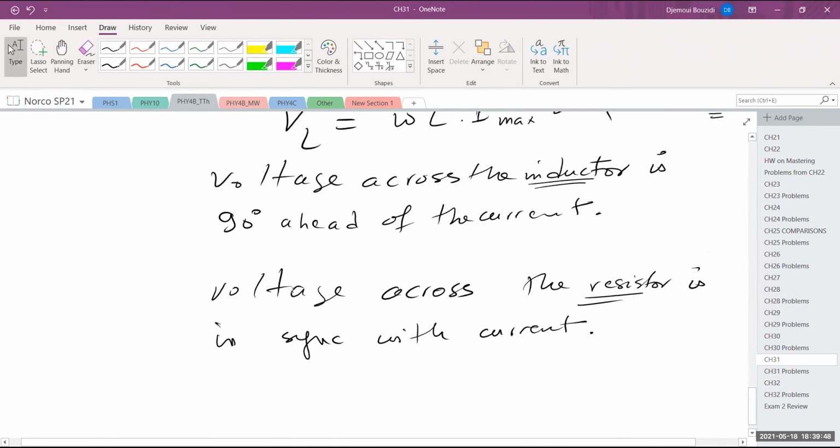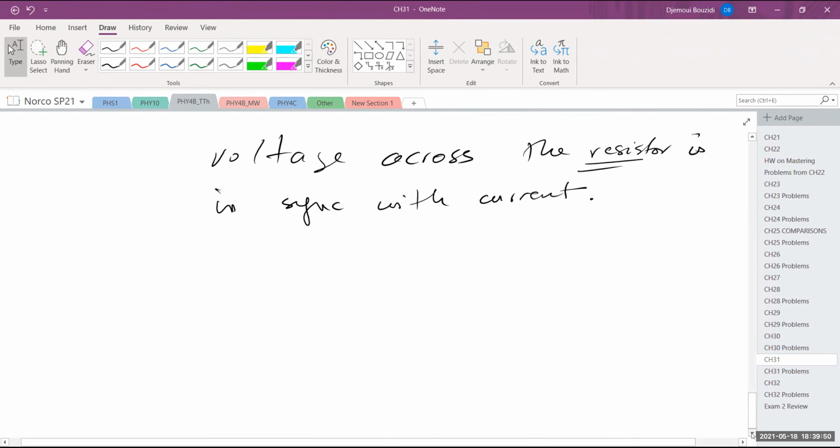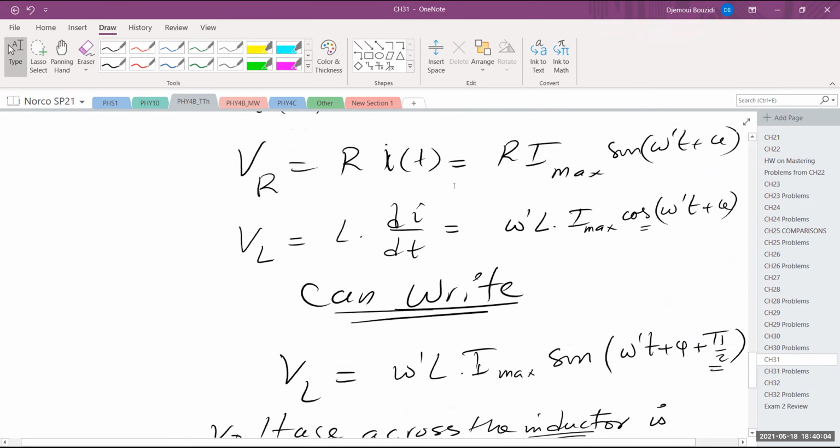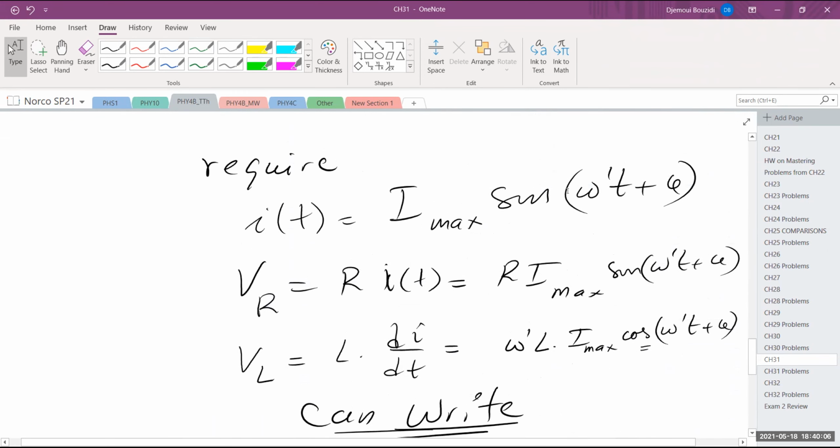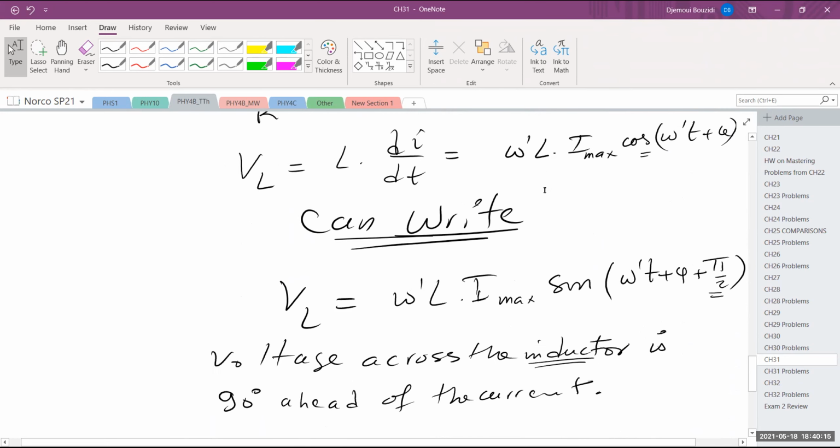How about the capacitor? The capacitor, the voltage across it, if you guys remember, V across the capacitor is Q over C. And Q is the integral of the current. So this is the integral of I sub t dt. First of all, I have the I max that needs to come out. And then I have to integrate the sine. The integral of a sine is 1 over omega prime, and it's going to be a negative cosine.